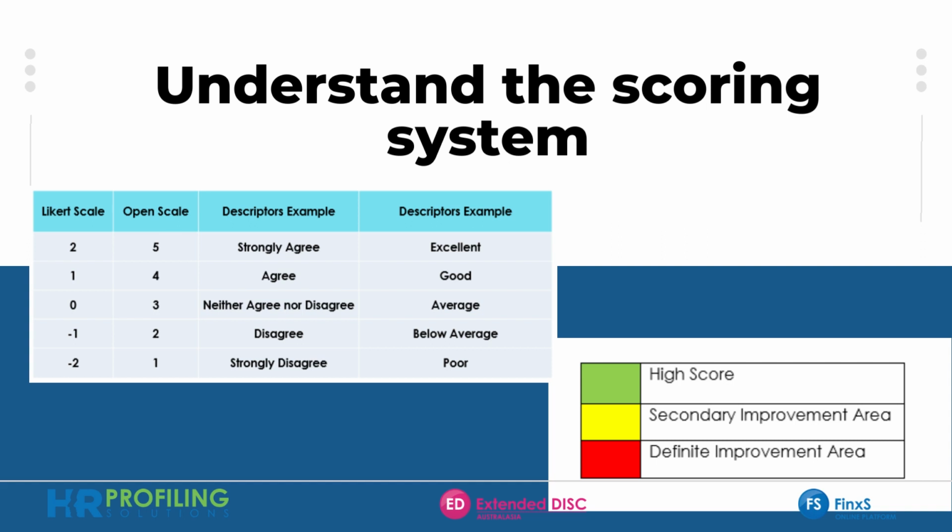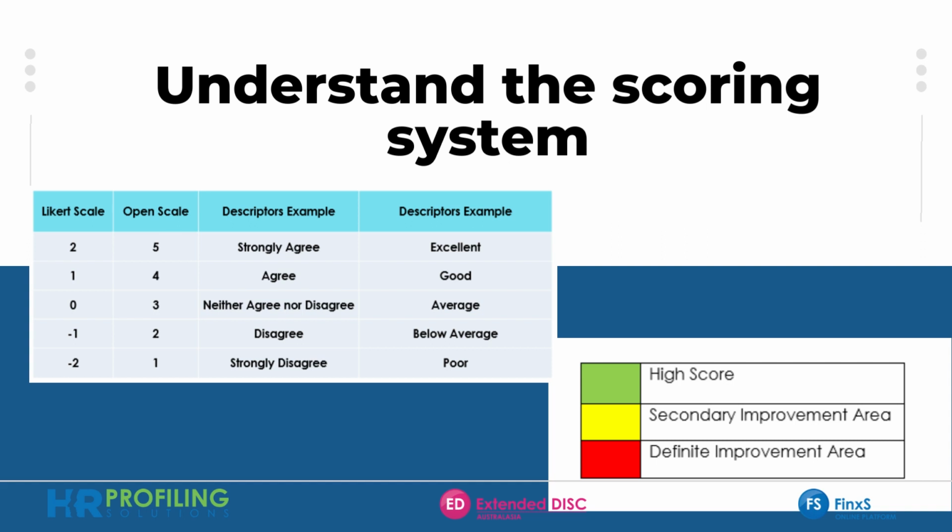So going through it, green indicates that the assessed has scored highly in the measured behavioural competency, or that particular question, I should say. Yellow indicates that there is some room for improvement, and the red indicates a definitive area for improvement. So you can sort of see how it goes there.